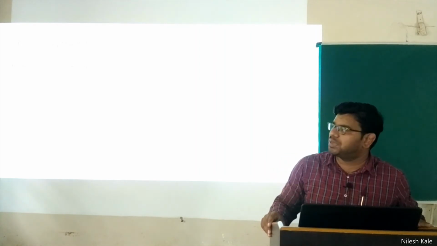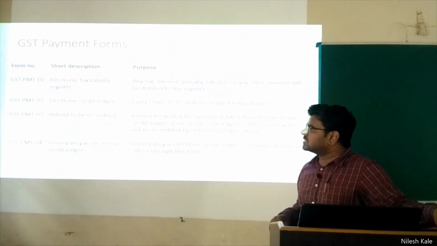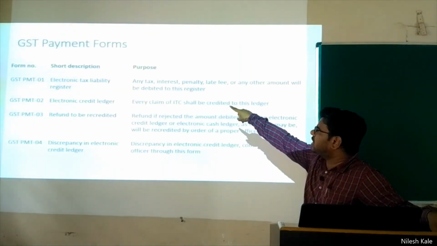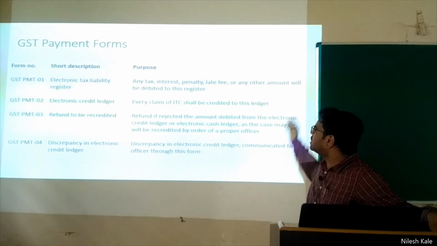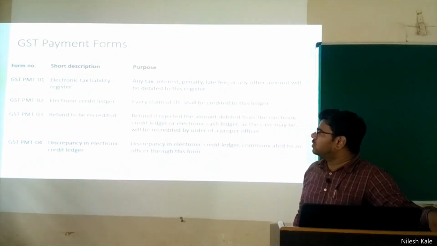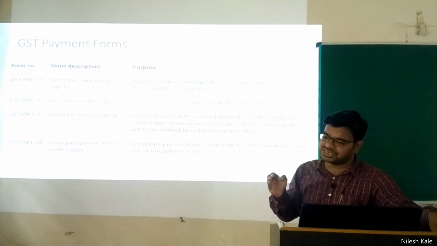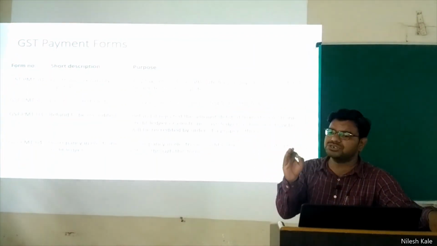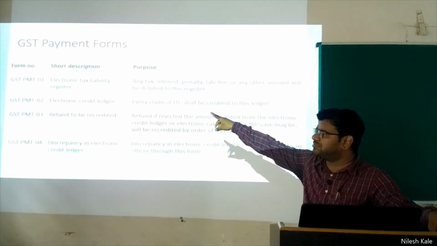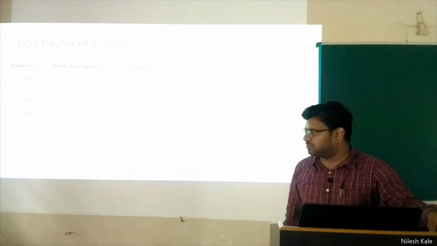And then GST payment forms. GST PMT 01 is for electronic tax liability ledger, right? What is the purpose? Where any tax, interest or penalty, late fee or any other amount is to be debited to this ledger. It means whatever you are paying to the government will be shown in this GST PMT form.